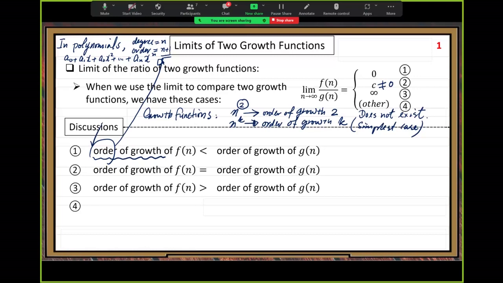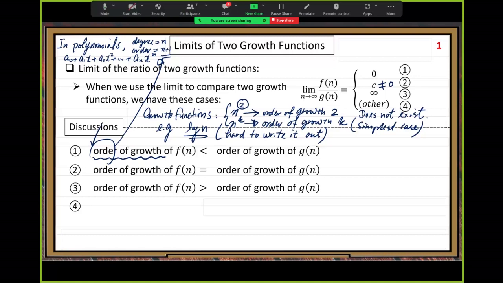For example, let me give you a relatively hard case: log of n. What is the order of growth? It's hard to use the previous simple way to represent it. Hard to write it out explicitly.